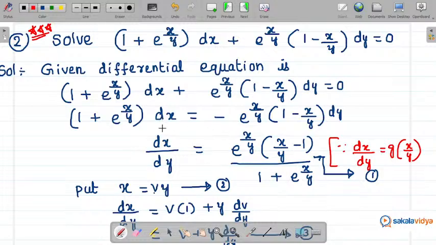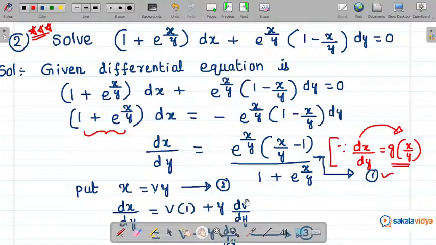Then we get dx by dy is equal to, minus into 1 minus x by y, we can write x by y minus 1. So e power x by y into x by y minus 1 by 1 plus e power x by y, say equation 1. Now it is in the form of dx by dy is equal to g of x by y.